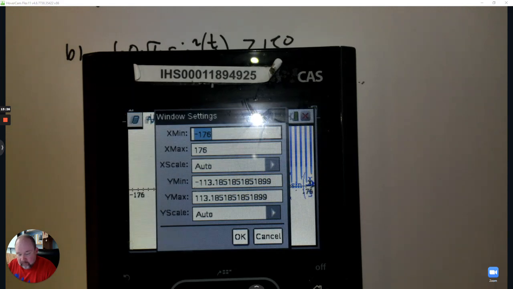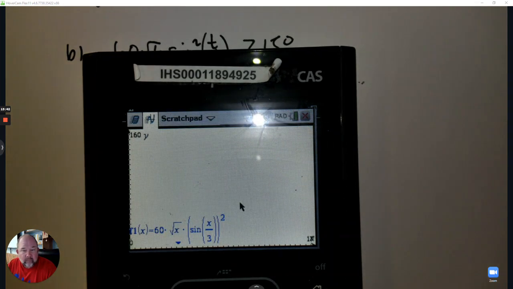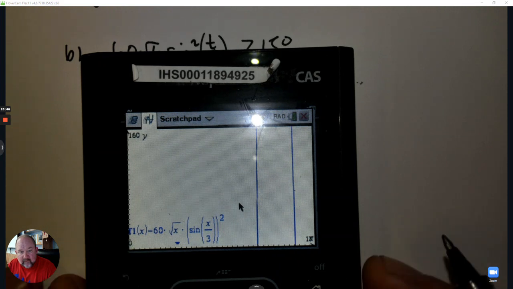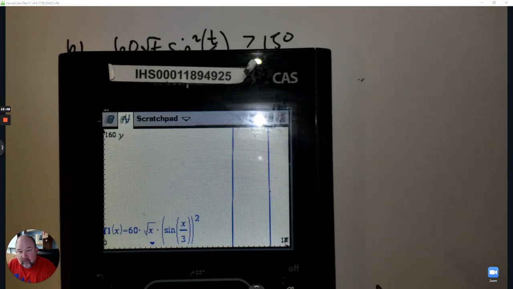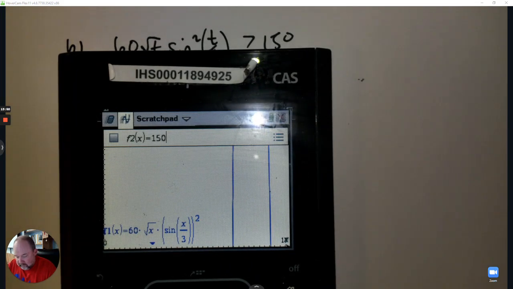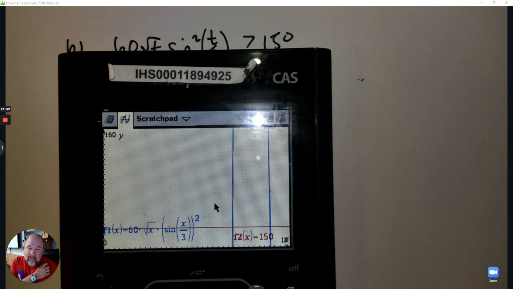We're going to go from 0 to 18, and then really we want to know where it crosses at 150, when it's bigger than 150. So what I'm going to do is just go 150, and then I'm going to see where those two lines intersect.